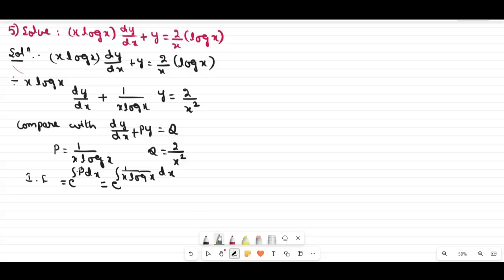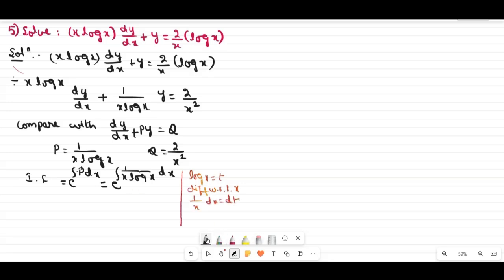Directly we can't integrate. We must apply some substitution even here. What substitution can we take? Put log x equals t, because we don't know the integration of log x, so let's take that as t. Differentiate this with respect to x. It becomes 1 by x into dx is equal to dt.